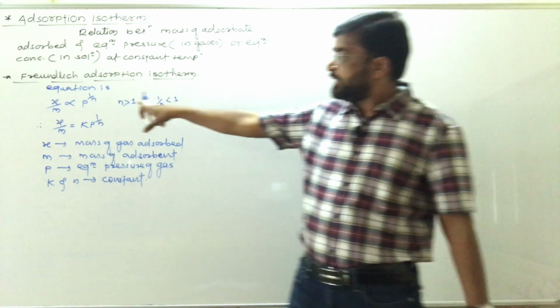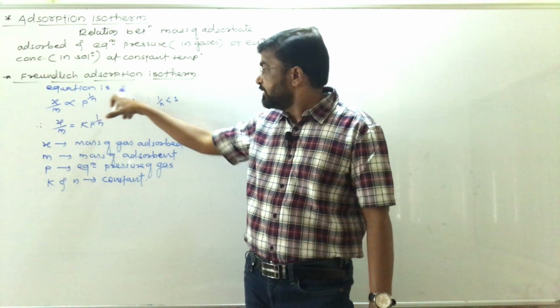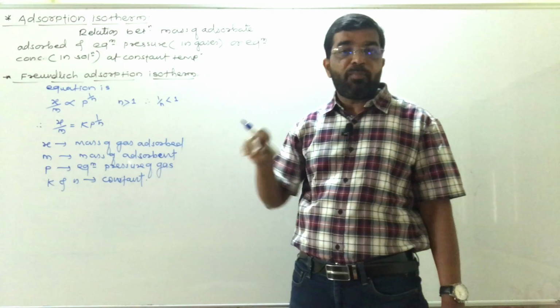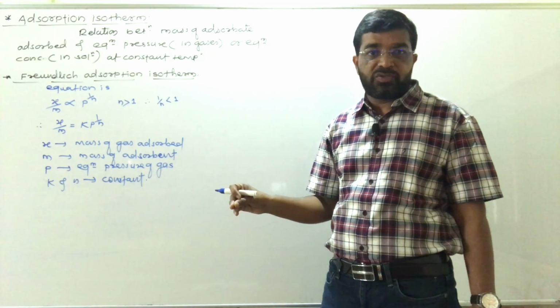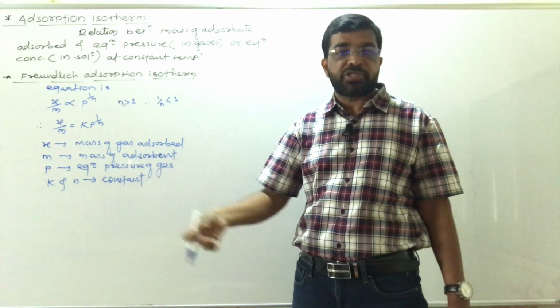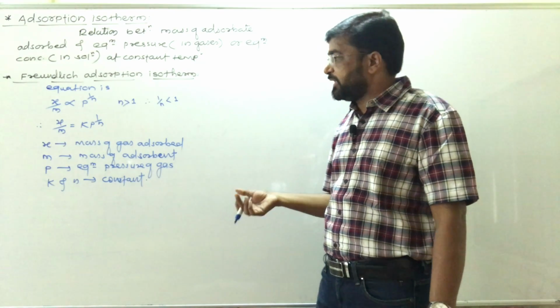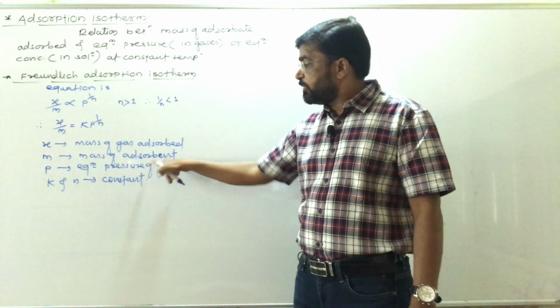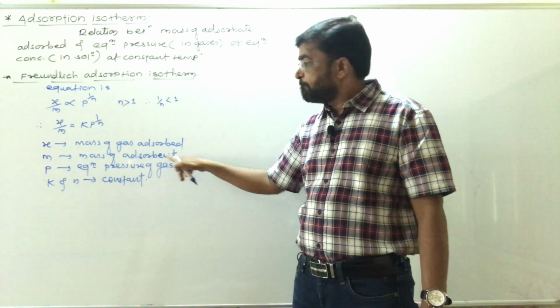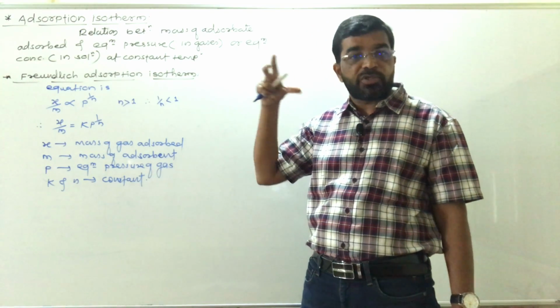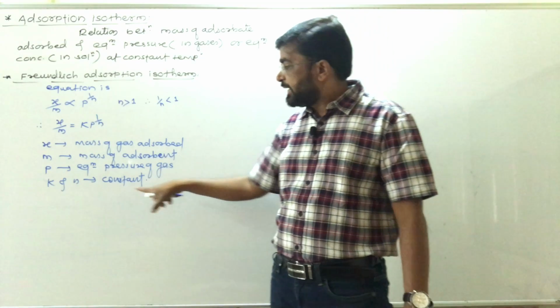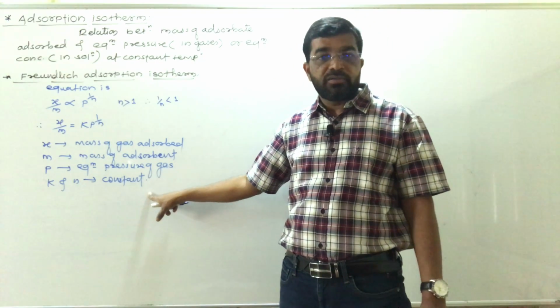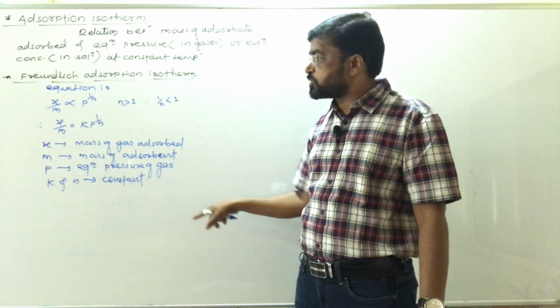So why it is taken so, I will explain later. x is the mass of gas adsorbed, m is the mass of adsorbent, p is the equilibrium pressure at which the gas gets adsorbed, and k and n are constants.